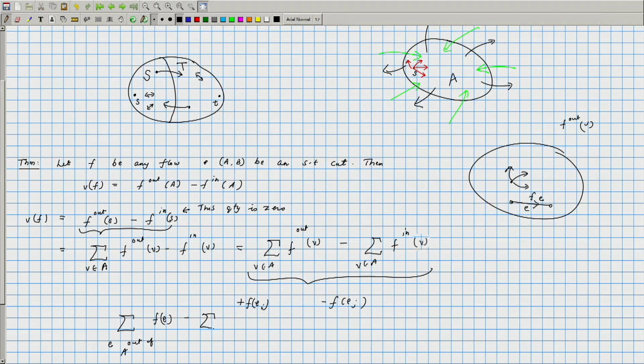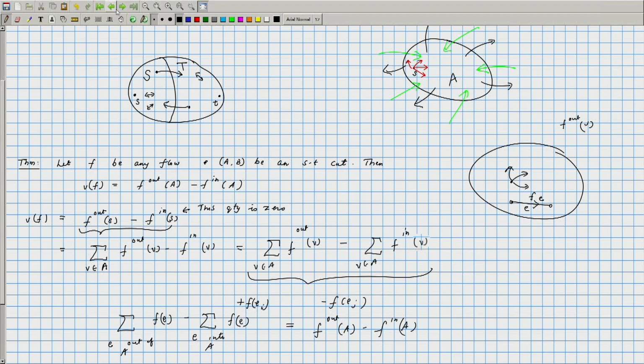So, that will be the summation over E into A of Fe, and this by definition is going to be F out of A minus F in of A. So, that would mean that the value of the flow is equal to the quantity that we are interested in.